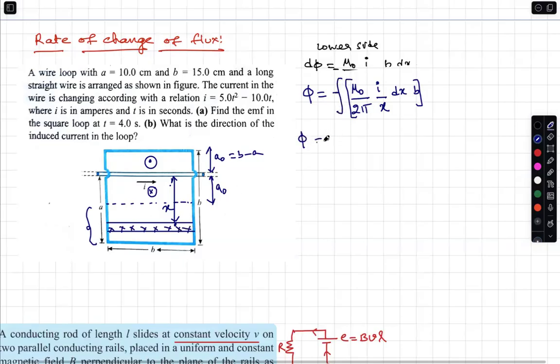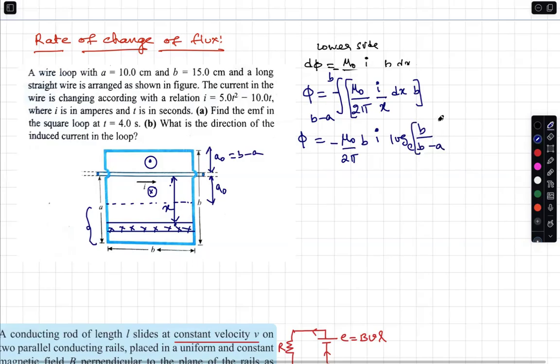So the total flux is equal to integral from b minus a to b. That is the limits condition. So you will get minus mu naught by 2 pi b I as of now, log e b by b minus a.